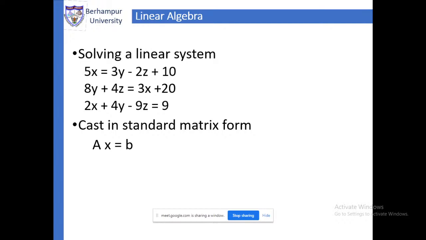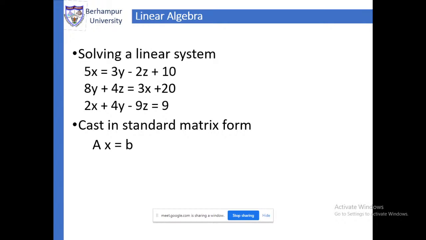On the right hand side, from the first equation you will get 10, second equation you will get 20, third equation you will get 9. Therefore, the matrix B will be a column matrix, one column with 3 rows. So number of rows for the matrix B is 3, number of columns is 1. So that is how you will define B matrix.